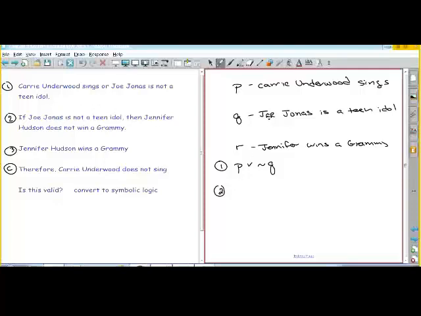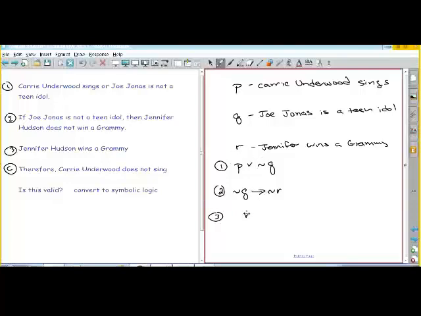If Joe Jonas is not a teen idol, which is the negation of Q, we use the conditional sign because it's an if-then statement, then Jennifer Hudson does not win a Grammy, so that's the negation of R, since R is she wins a Grammy. And premise 3 is Jennifer Hudson wins a Grammy, which is just R.